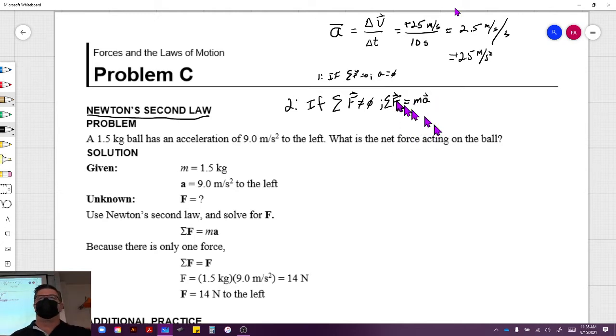Okay, and this is the most important equation in all of physics, in all of classical physics. F equals ma. Just about everything can come from that.